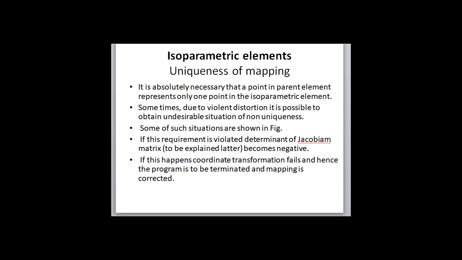In isoparametric elements, the uniqueness of mapping is described here. It is absolutely necessary that a point in a parent element represents only one point in the isoparametric element after mapping. Sometimes, due to violent distortion, it is possible to obtain an undesirable situation of non-uniqueness. If this requirement is violated, the determinant of the Jacobian vanishes. A point that is represented in the parent element should, after mapping, also be represented by one point in the isoparametric element.